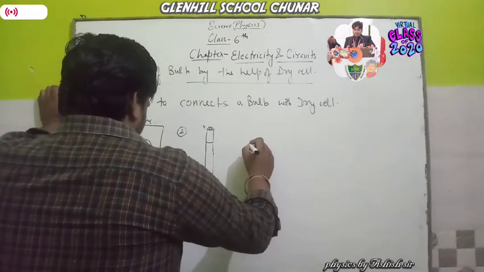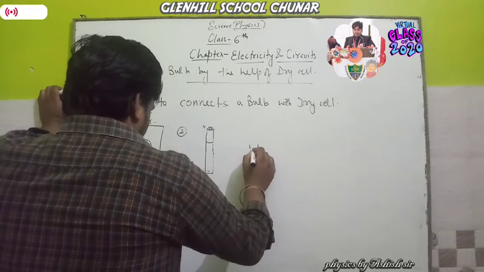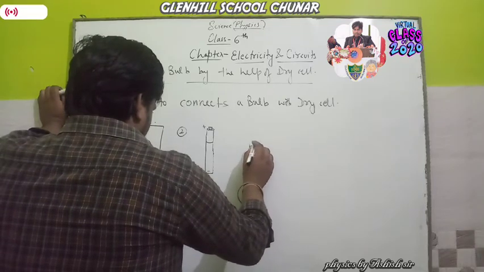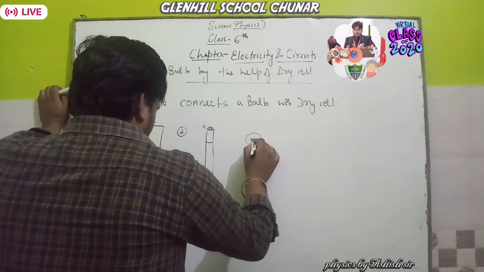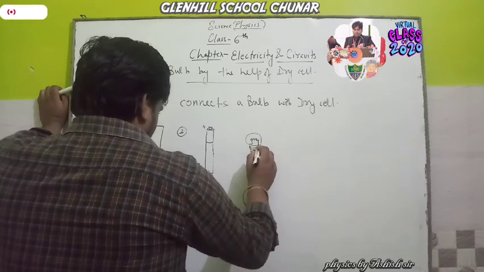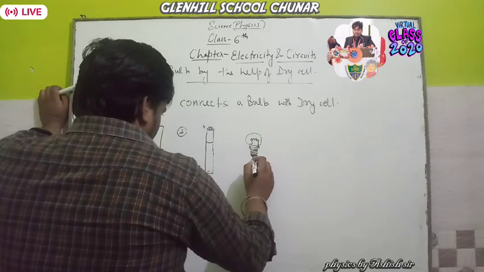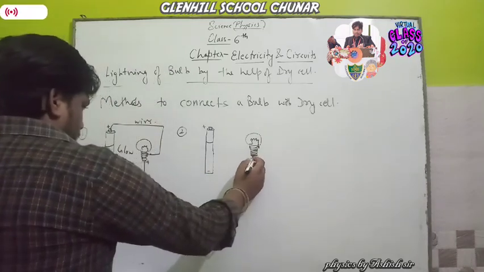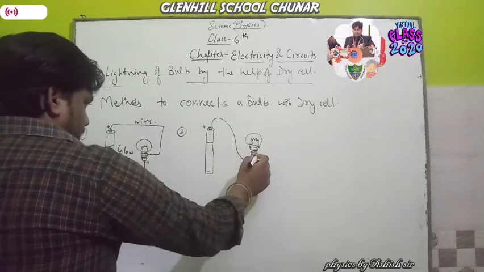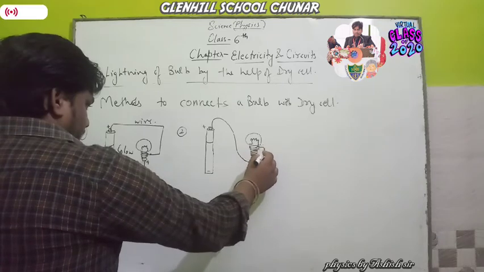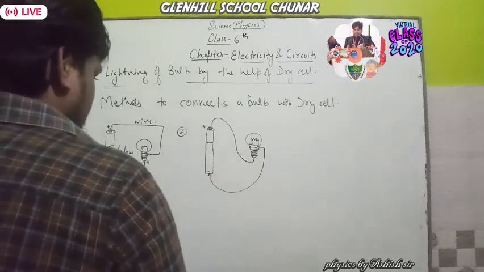Simply this is the bulb. This is the negative end, this is the positive end. This positive end is connected to this positive end, and this negative end is connected to this negative end. Then what happened?